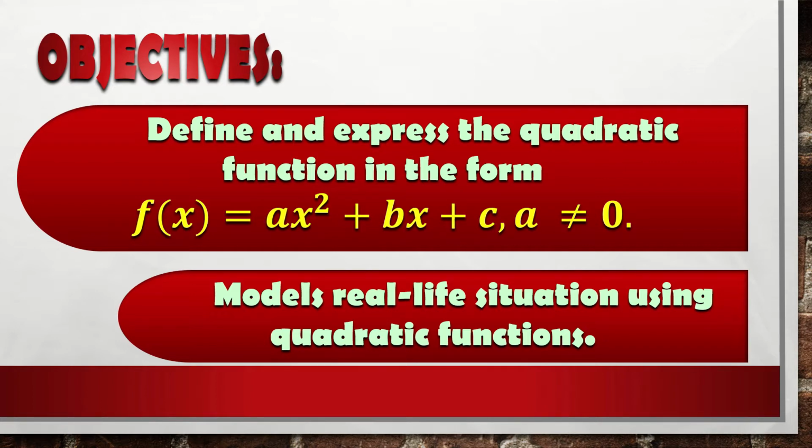So what is the difference of quadratic functions to quadratic equations? When we say quadratic equations, we are using an equal sign. But in quadratic functions, we have here two variables, the x and the function of x.